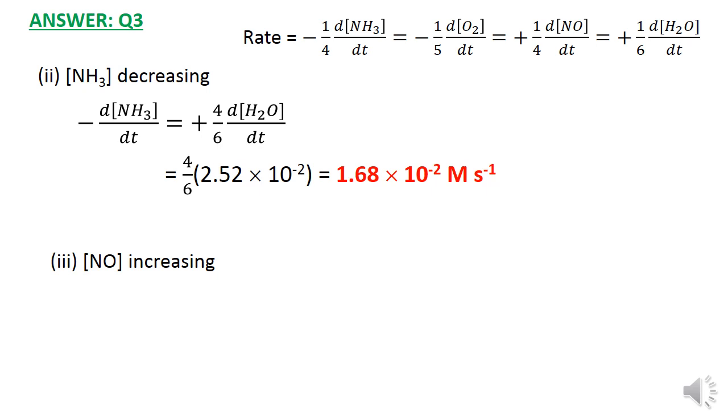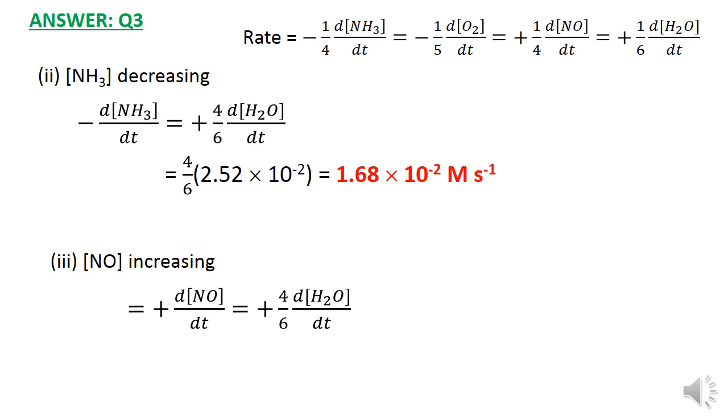For the increasing of nitrogen monoxide, we relate the rate for the increasing of nitrogen monoxide with the increasing of H2O. Here we can place the 4 on top of 6, so 4 over 6. So the rate for the increasing of nitrogen monoxide is 4 over 6 times the rate for the increasing of H2O.